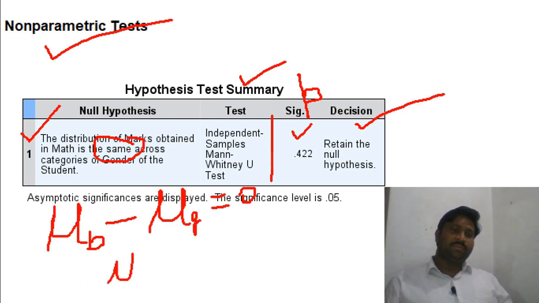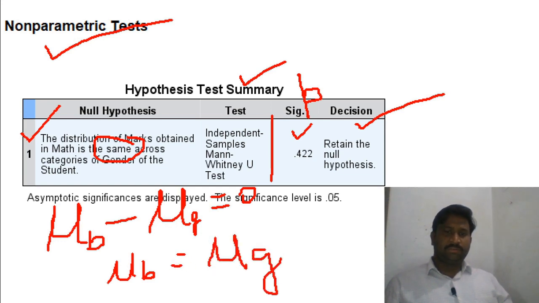It equally means mean of boys is equal to mean of girls. Okay, we have sent this here. So means both have same mean scores. Then the name of the test is here, no problem.